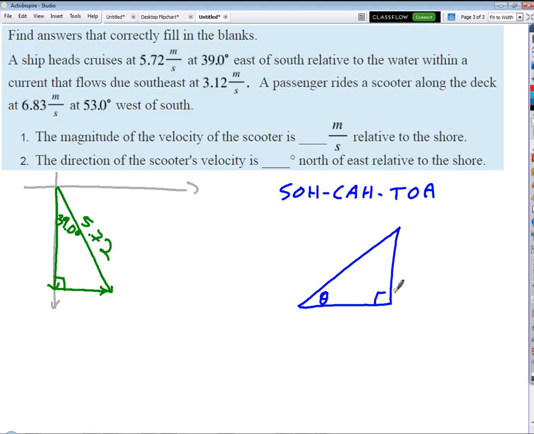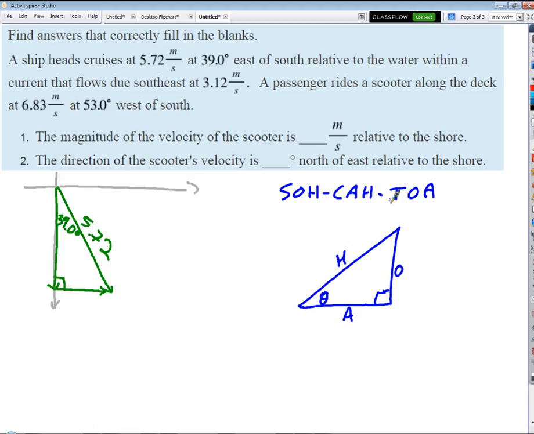So Brady, can you label the sides for me in this triangle? If that's my angle theta, where does H go? Right there, good. What's this one going to be? Opposite, good, and this one would be adjacent, good. So sine of theta equals, good, cosine of theta equals, good, and tangent of theta? Very good.